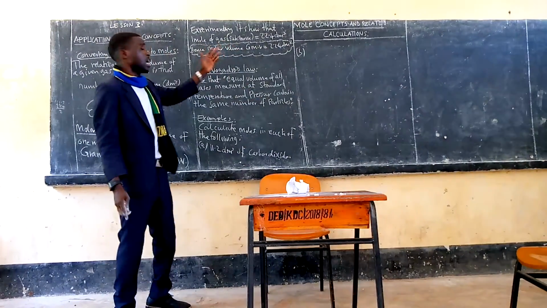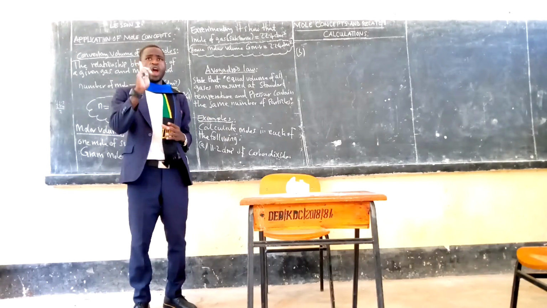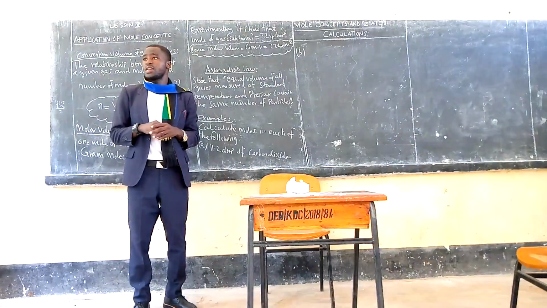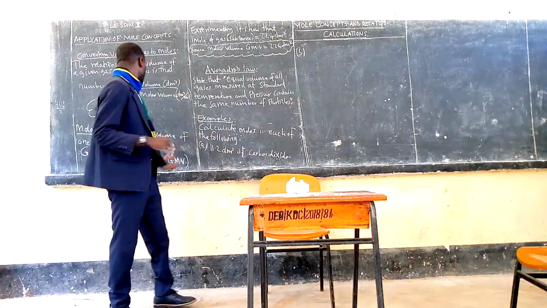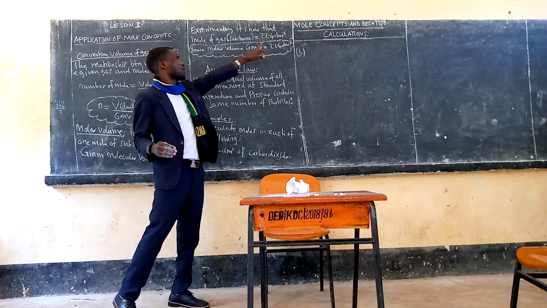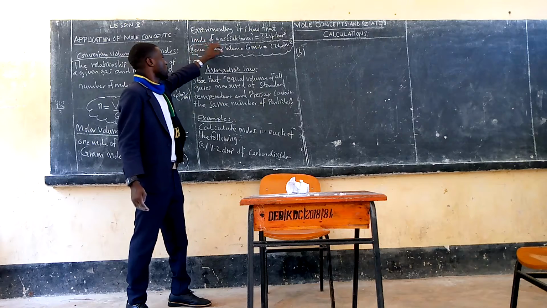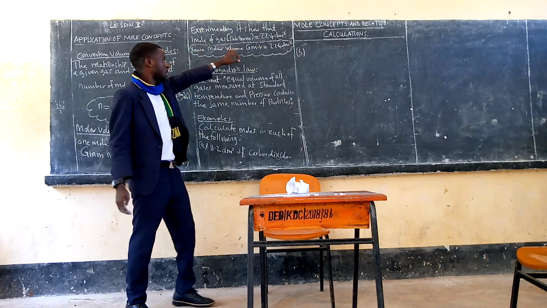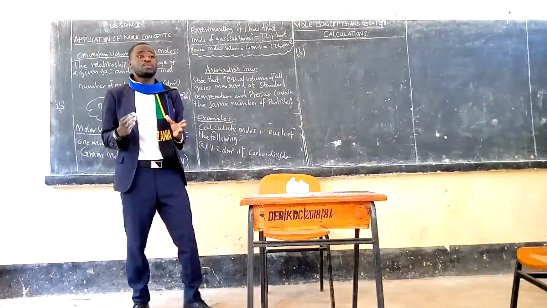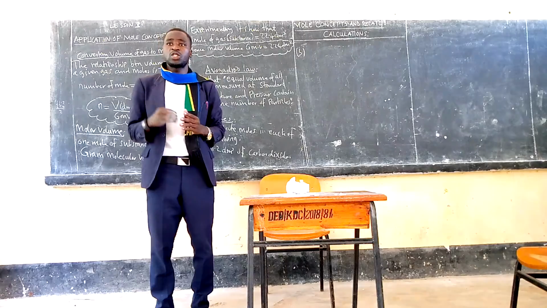Okay, as you can see, experimentally it shows that 1 mole of a gas is equal to 22.4 decimeter cubic. And therefore, this gram molecular volume is equal to 22.4 decimeter cubic. So when we are talking about molar volume, we mean 22.4 decimeter cubic.